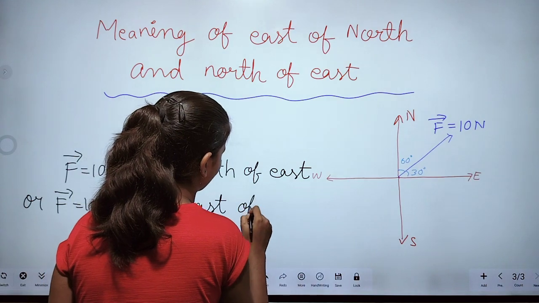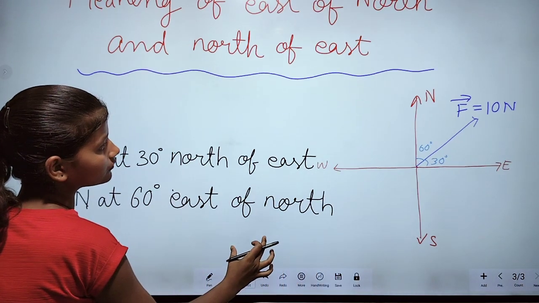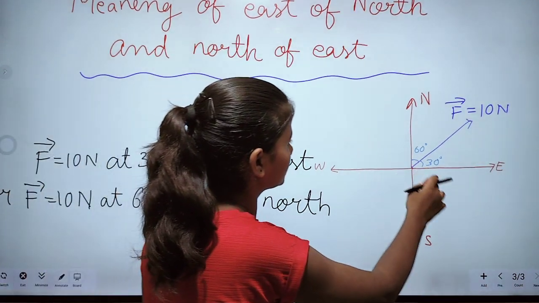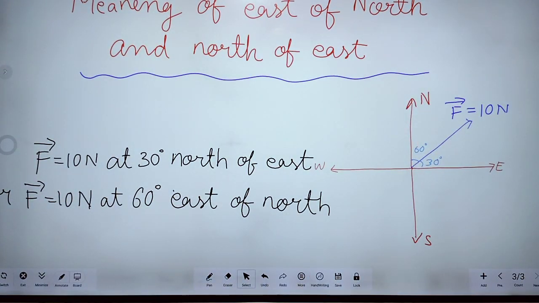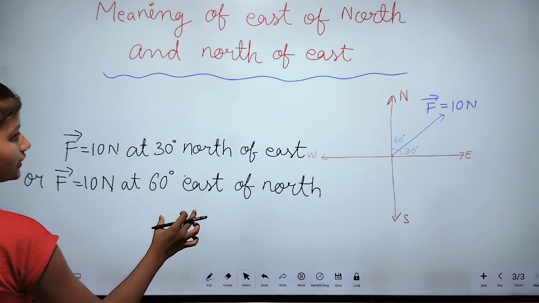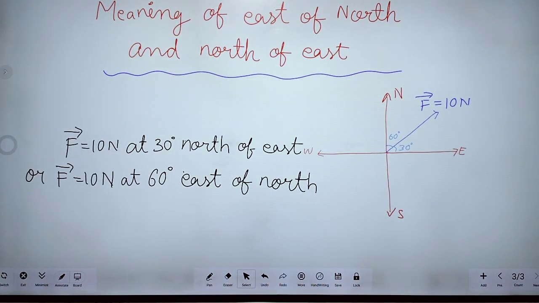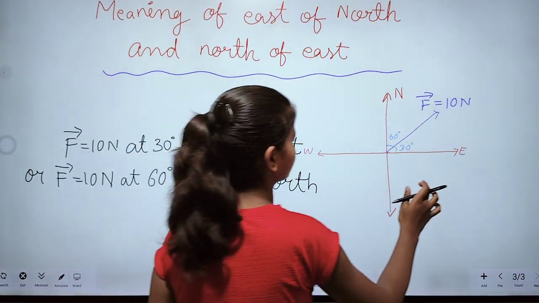Here you can see that 60 degree is formed with north, so the angle is written last. So F vector is equal to 10 Newton at 60 degree east of north.